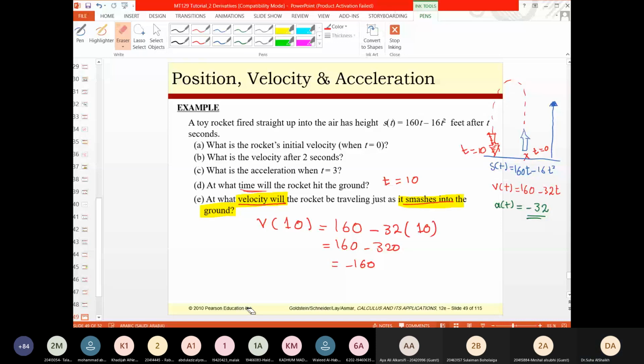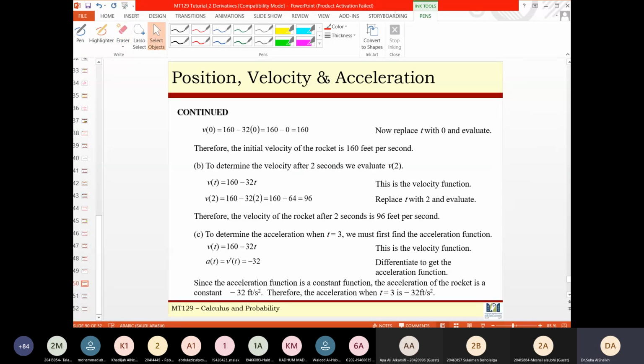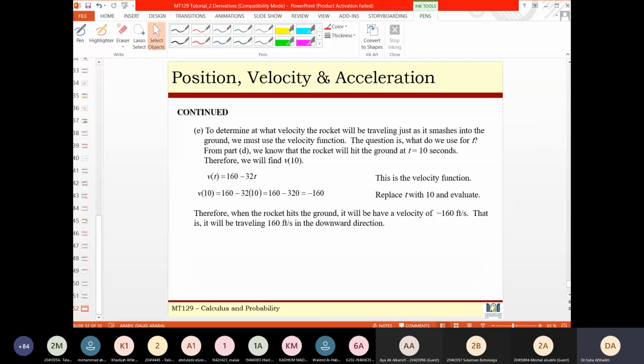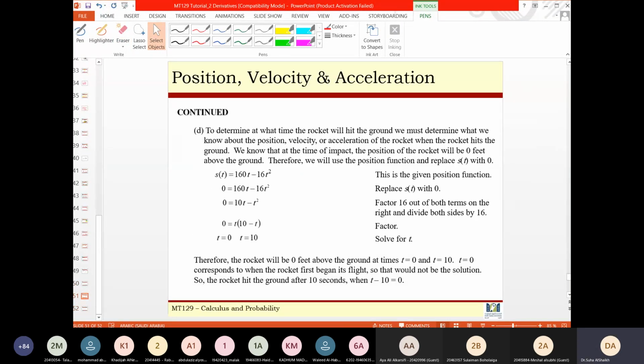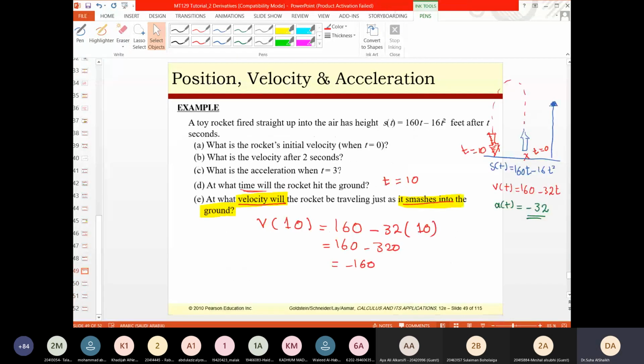Clear? Okay. And by finishing this, we finished this chapter.